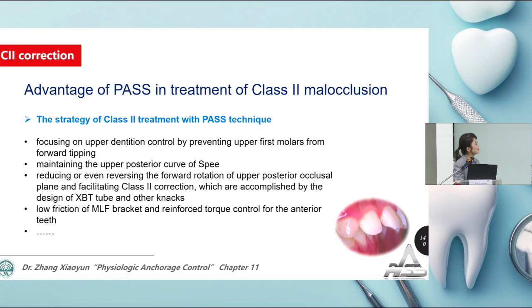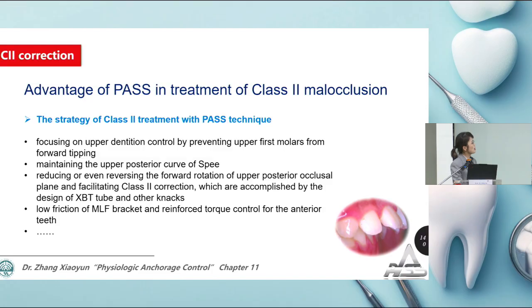And let's come to the class 2 correction. I think there are many advantages of PASS in treatment of class 2 malocclusion. And the strategy of class 2 treatment with PASS, we focus on upper dentition control by preventing upper first molars from forward tipping.